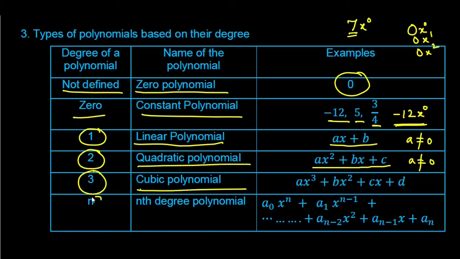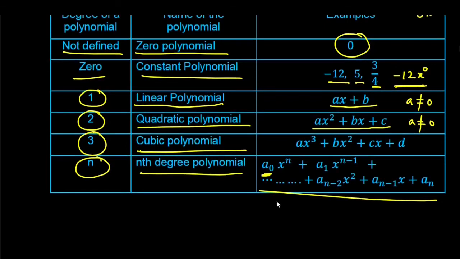When the degree of polynomial is n, we call it nth degree polynomial. The general form can be written in this way. The coefficient of highest degree term can be taken as a0, or sometimes we can take an as the coefficient of the highest degree term.